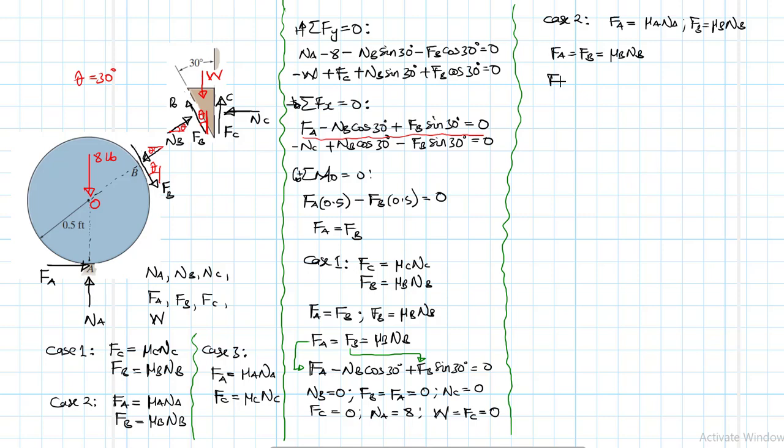So we do similar replacements in this equation, and then use the other equations later on. We replace our FB there, and we'll find that our NB will be equal to 0, and our FA will be equal to FB, which will be equal to 0.